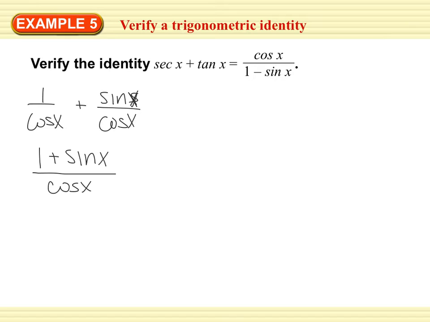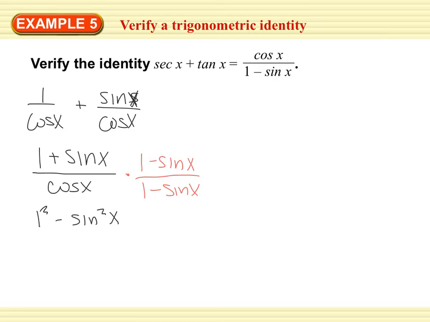All right, this one's a little tricky, but I think if I multiply by my complex conjugate pair, my numerator, if I FOIL that, will simplify to 1 squared minus sine squared x. Okay, that's a difference of perfect squares.